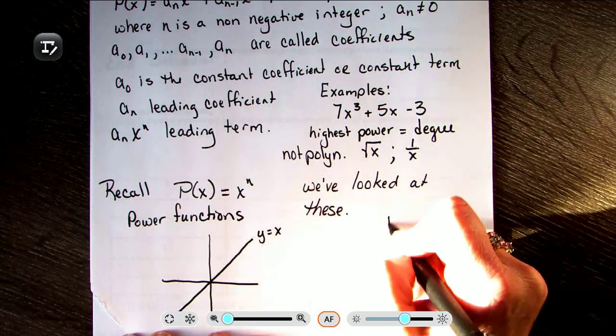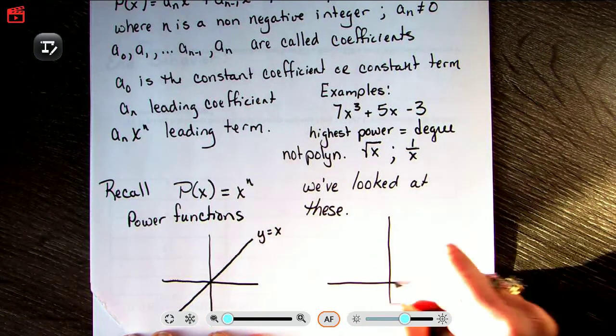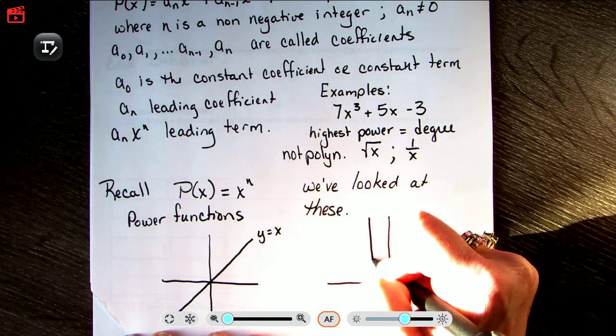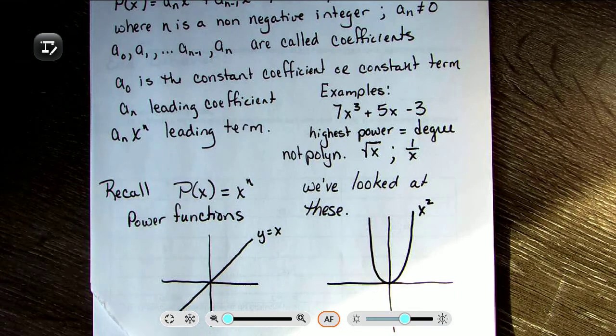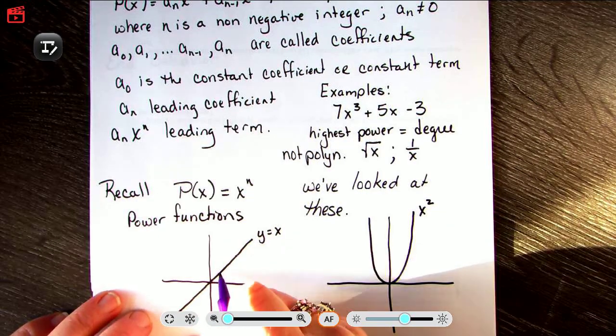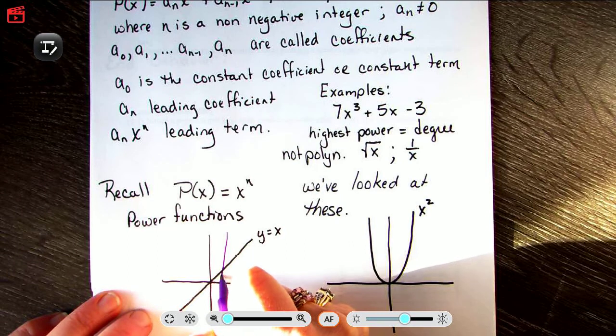We could have had x squared. I'm going to put that on this side. x squared is our parabola. And then we started introducing other ones as well. We have x cubed, if I can draw this.